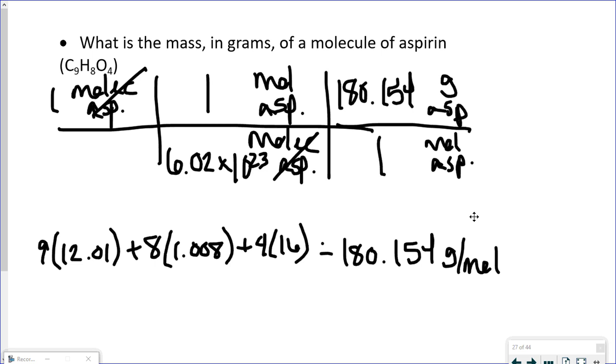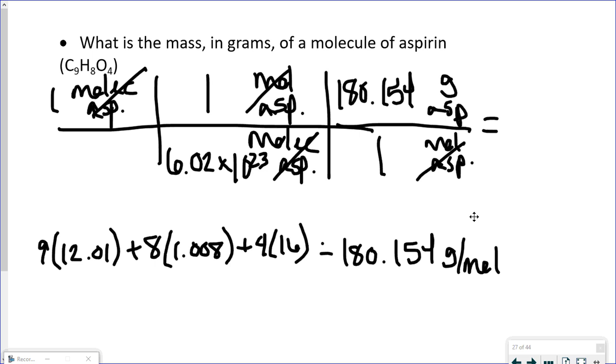To make 1 mole. That will cancel out our unit of moles and leave us with grams. Now remember, we're only doing the mass of a single molecule, so this should be a small number, so do not let that worry you.